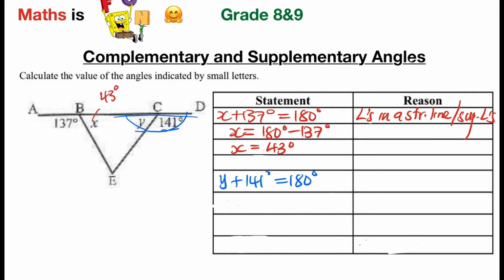Same reason, we can say angles in a straight line or supplementary angles. Alright, so we can say y equal to 180 degrees minus 141. Y is equal to 39 degrees.